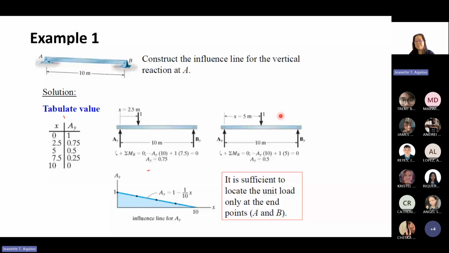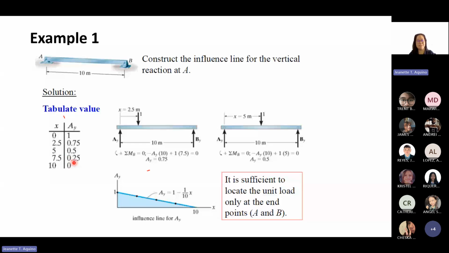So negative AY times 10, where 10 is the length of the beam, plus 1 times this distance from B. So AY will be 0.5. That's why we have it here. If you do another calculation, you just change 5 to 7.5, and your AY will be 2.5.